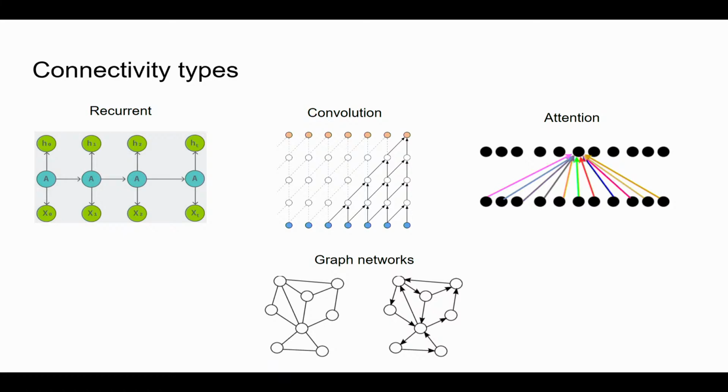In all of these cases, whether it's 1D, 2D, 3D, whatever, you can capture the structure of the data in a different way in the neural network. We have recurrent networks.